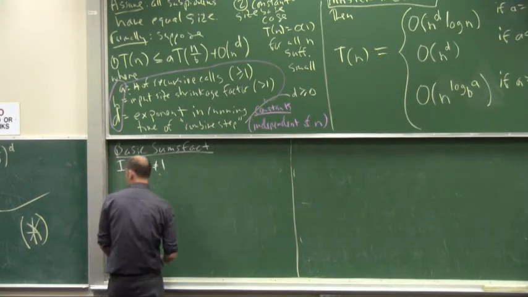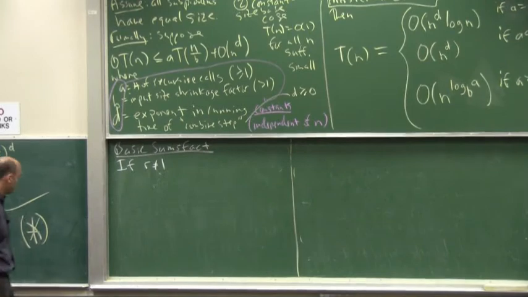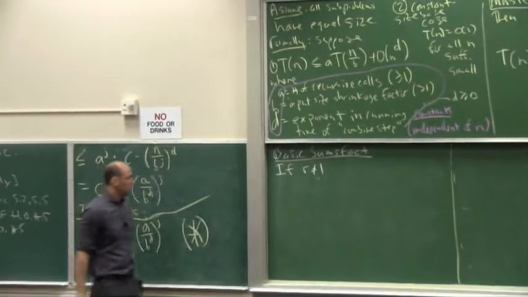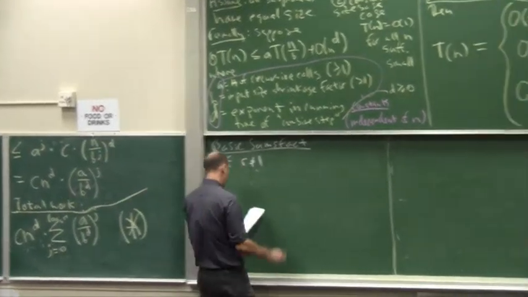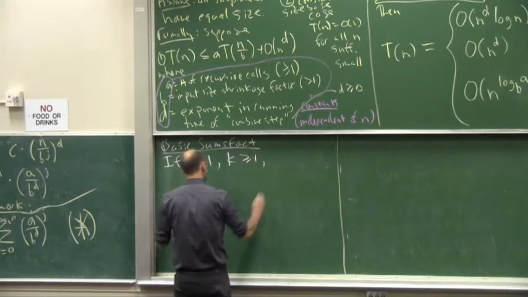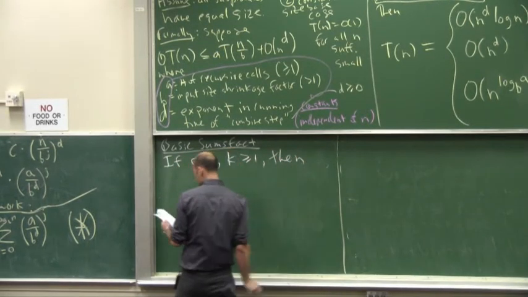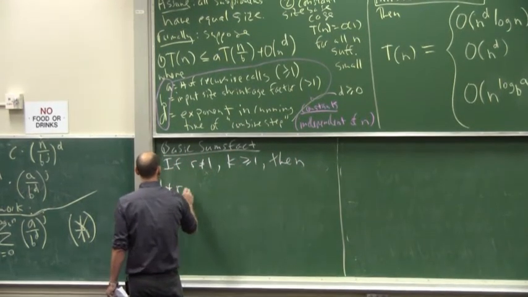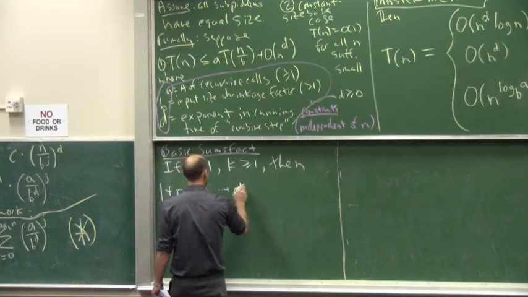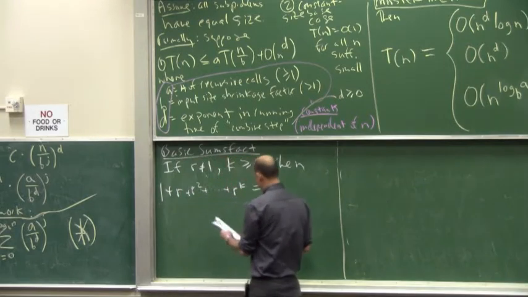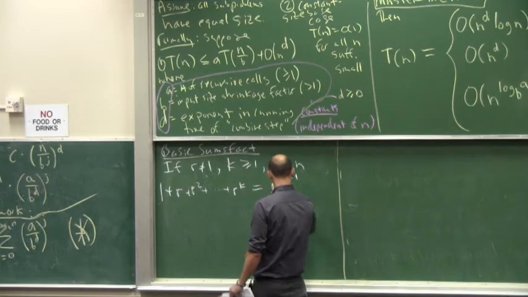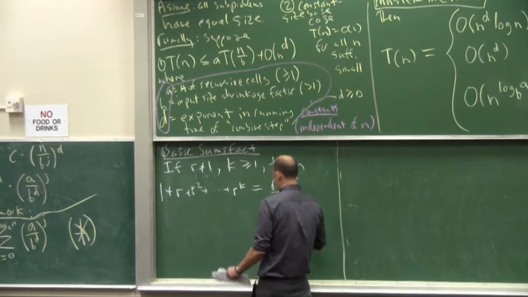If you have a number R different than 1, R for us is going to be this ratio A over B to the D. But in general, if you have some number R different than 1, and you have some positive integer k, then the following is true. If you add up powers of R up to the k power, this is exactly the same as R to the k plus 1 minus 1, over R minus 1.